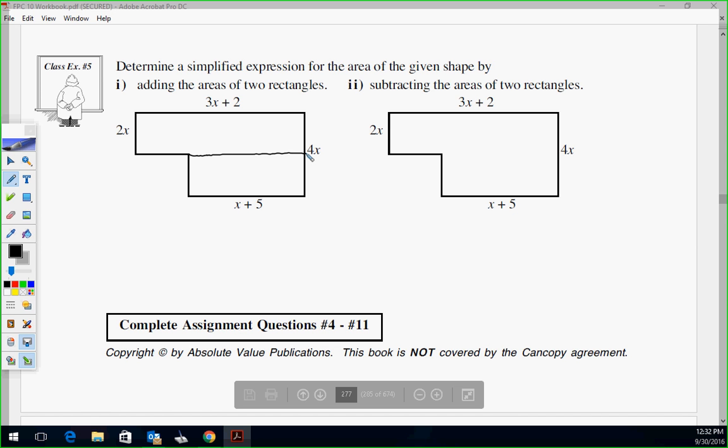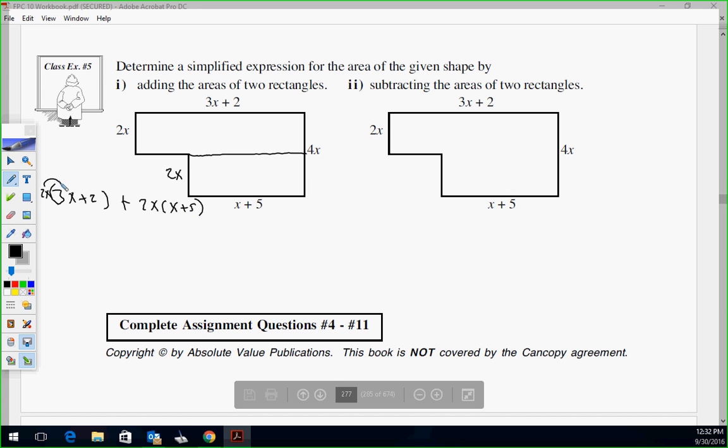So to do that, we need to figure out, okay, how far is this? Yeah, it's 2x. This is 4, and that's 2 of it. This is the other 2 of it. So now you have your areas. We go 3x plus 2 times the 2x plus x plus 5 times 2x.